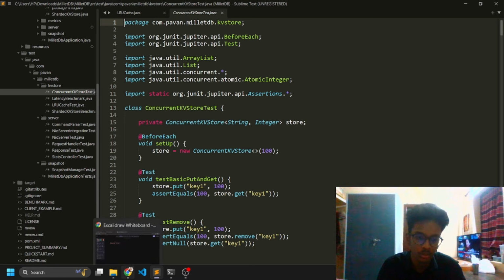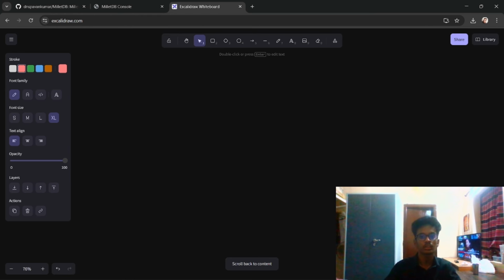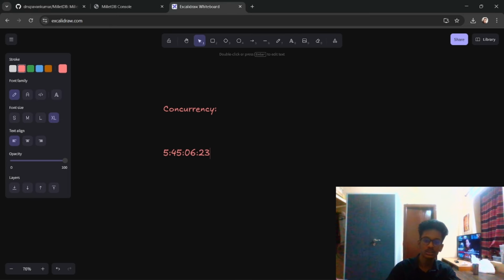Now let's come back to the interesting concept of concurrency. Concurrency once again is a system design concept. So let's understand how concurrency works. What is it exactly? Concurrency is something like, if I'm user A, and there's some other user B, at 5:45 p.m., 6 seconds, 23 milliseconds, and you can take it up to any precision, the time is exactly the same.